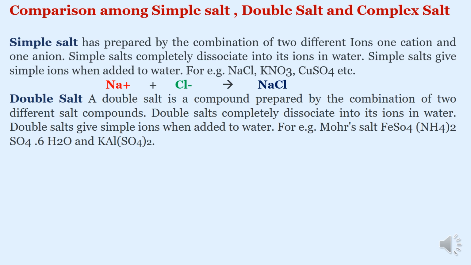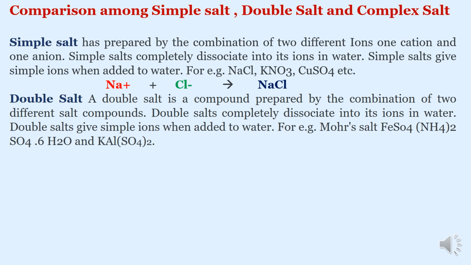Like a simple salt, the double salt completely dissociates into its simple ions. But the difference is that a simple salt is prepared from two different ions, a simple cation and a simple anion combined together, but a double salt is prepared by the combination of two different salt compounds.